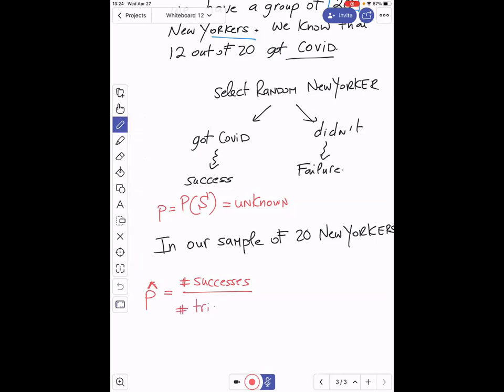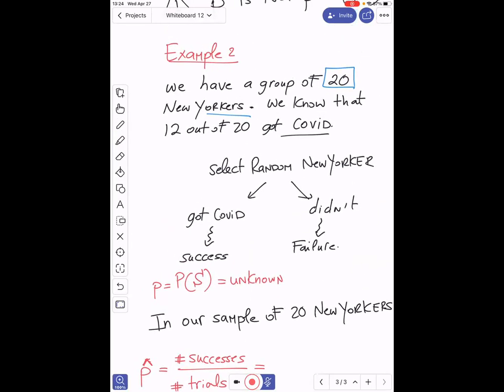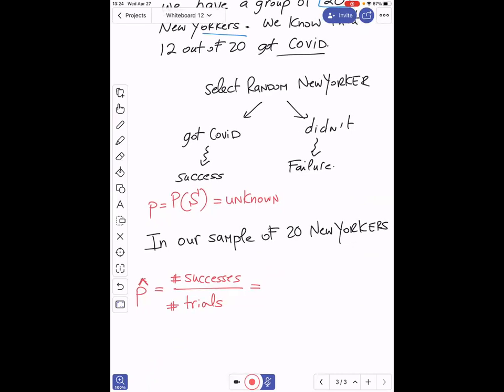In our sample, we have 12 successes, 12 people who got COVID, and the size of the sample is 20, so the number of trials is 20. So 12 over 20. This is your P hat, what I call the proportion of success in the sample.